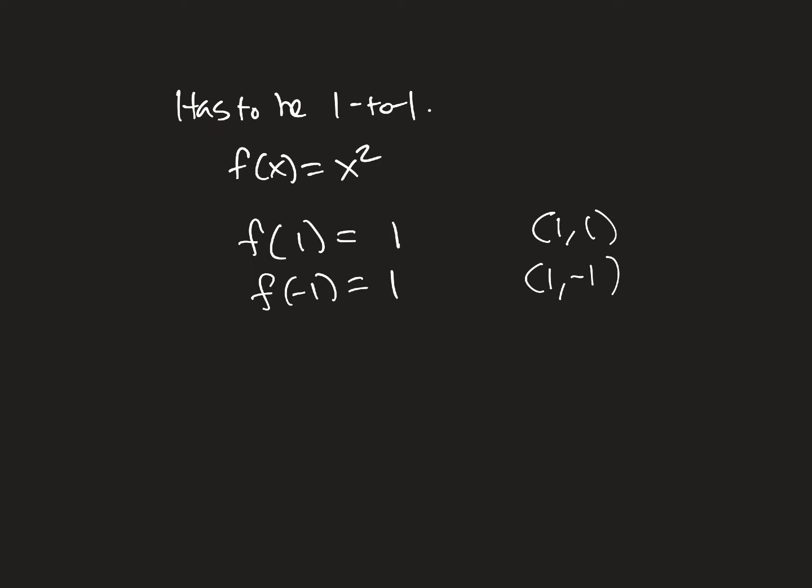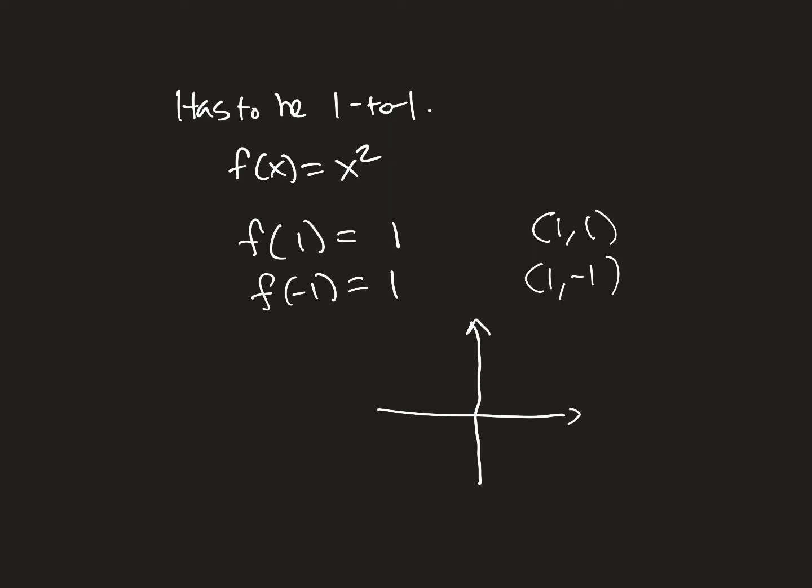Okay, so another way to see that, let's stick with the same function. Another test, if you have a graph, to see if something is invertible is the horizontal line test. Remember, to be a function, it has to pass the vertical line test, which means any vertical line you draw would at most cross the graph once.